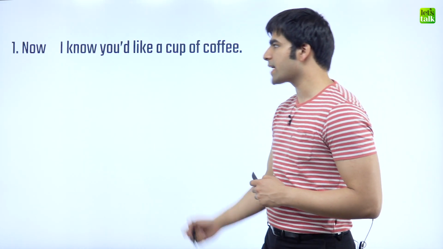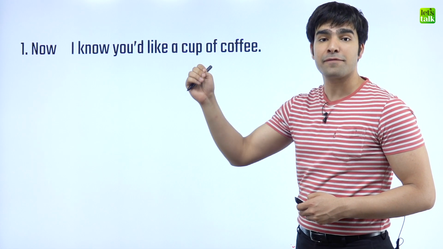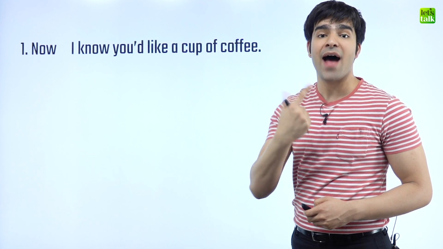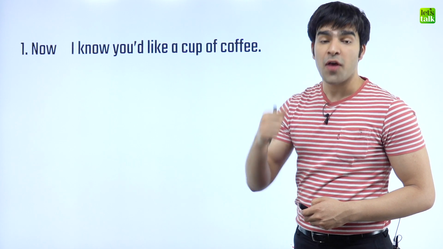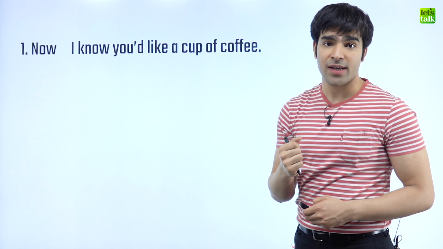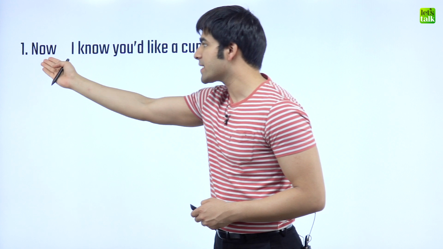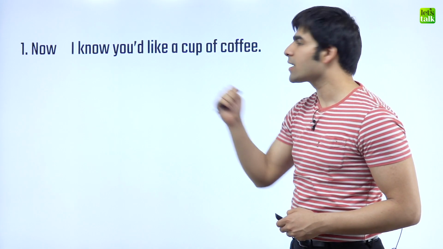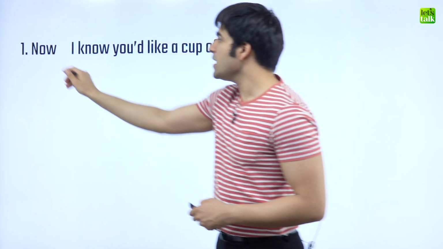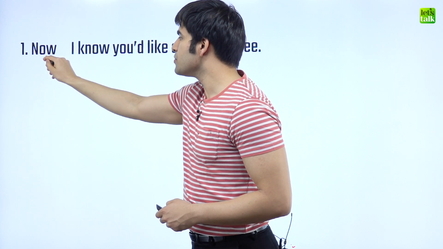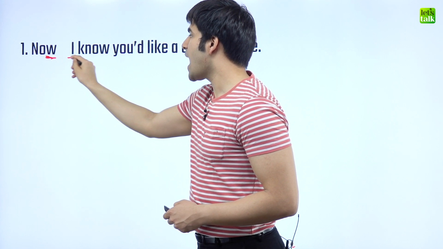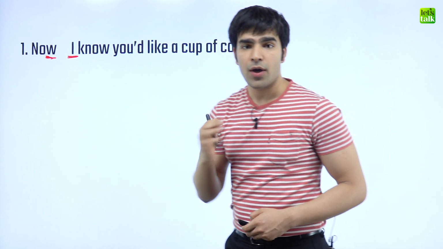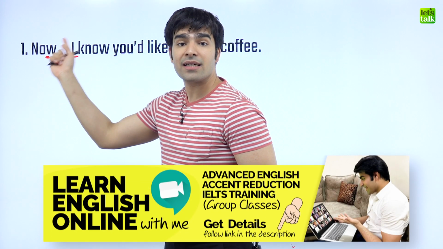Now I'm going to show you some examples, and you will have to find the Y sound and the W sound in them. For example, the first sentence is, now I know you'd like a cup of coffee. The linking is happening between the W sound and the I sound. Remember, we are not talking about the letter W here.